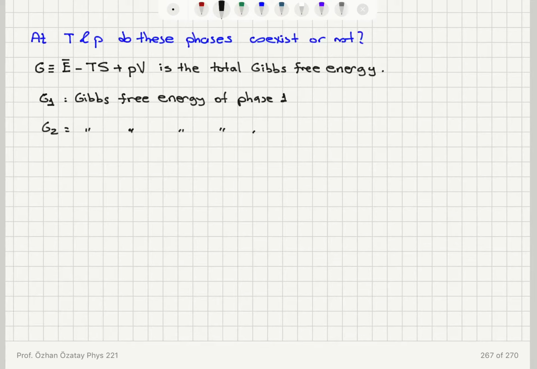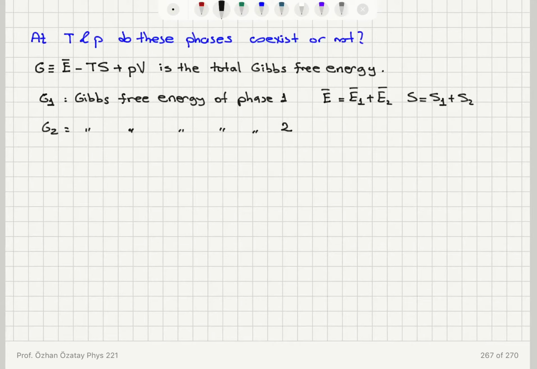of phase 2. So if you look at the mean energy of the system E bar, that will be the mean energy of phase 1 plus the mean energy of phase 2. That will give me the total energy. If I look at the total entropy, S will be entropy of phase 1 plus entropy of phase 2.